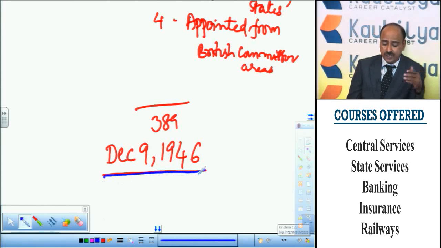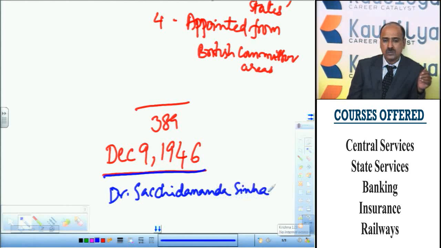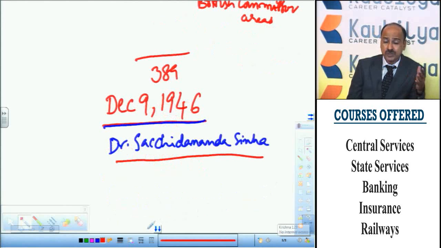This meeting was presided over by the most senior person in the Constituent Assembly, Dr. Sachidananda Sinha. He was the most senior member in the Constituent Assembly. This tradition is a French tradition; French people also implement it. We also implemented this French tradition or custom. But the first meeting of the Constituent Assembly was boycotted by the Muslim League Party.